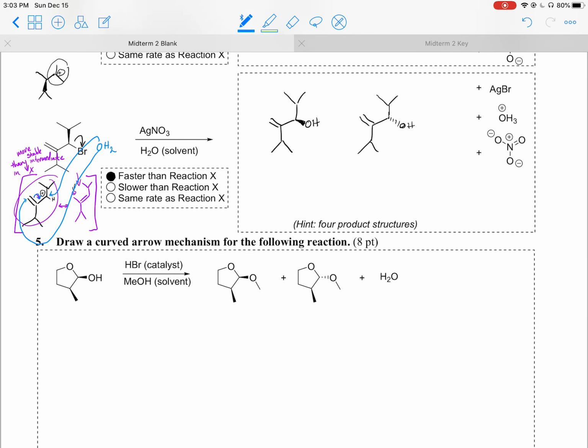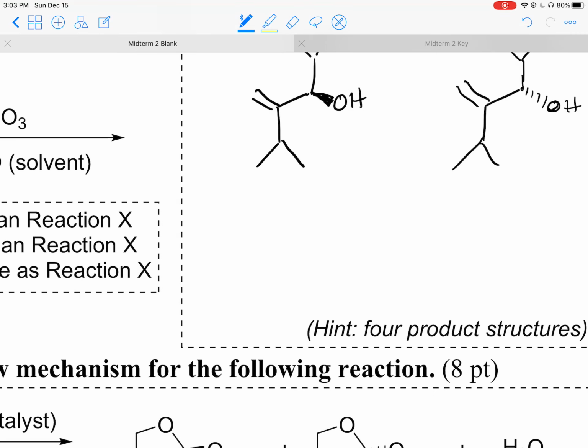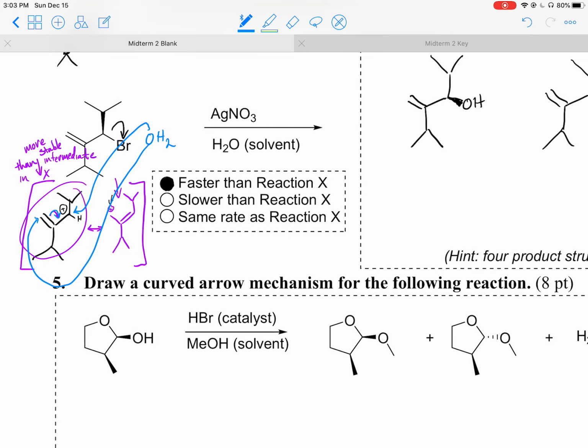So that leaves us with, let's see, the double bond is here. We've got the isopropyl and the OH that's no longer going to have stereochem, the wedge or dash.